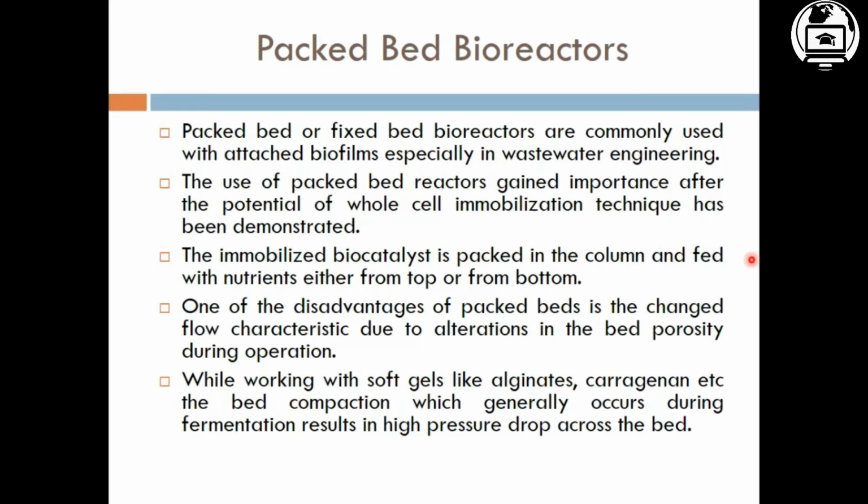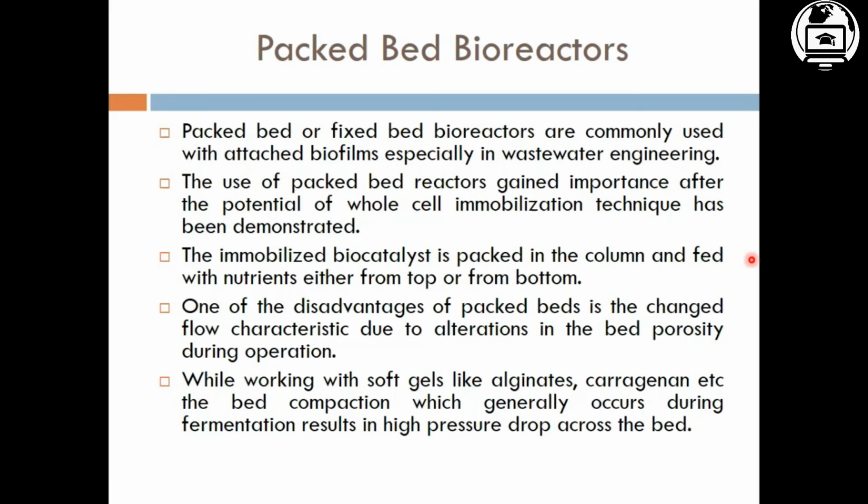Then we add our molecule of interest, incubate, and those molecules get attached to the gels. Then we pack the column, and run the mixture containing the protein we want to separate, entering from the top, and we allow the column to run under gravity. The protein of interest gets separated on the basis of mass, on the basis of ions, on different bases. In the same manner, this packed bed bioreactor works.